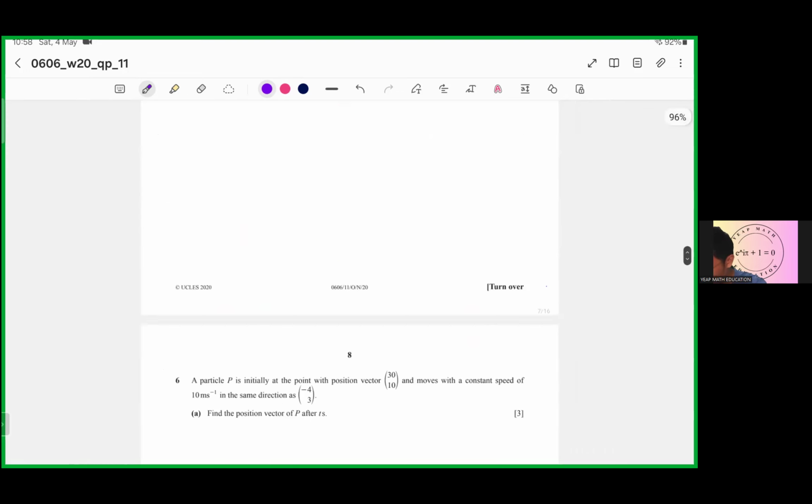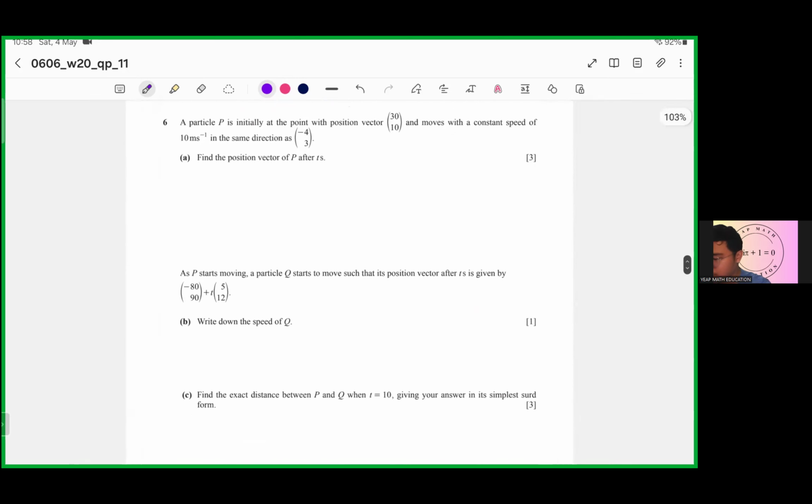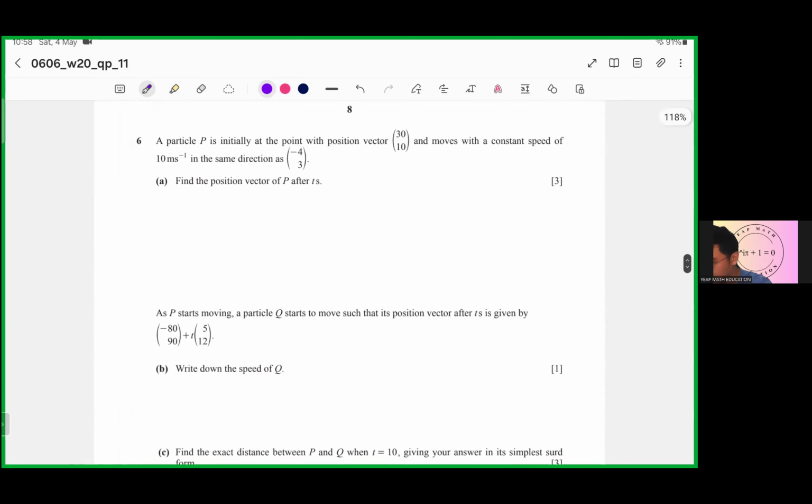Okay, now we can look at the next question. Question 6. A particle P is initially at the point with the position vector 13, 10 and moves with a constant speed of 10 meters per second in the same direction as -4, 3. A. Find the position vector of P after T seconds. Because he says same direction as -4, 3, we find the magnitude first.